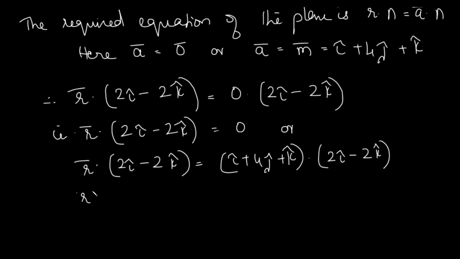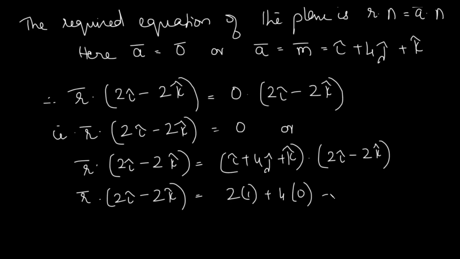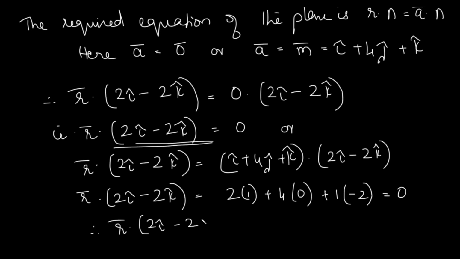So in this case it is going to come as, now 2 into 1, that is 2, when we solve the dot product of two vectors, 4 into 0, so 2 into 1 plus 4 into 0 plus 1 into minus 2, which comes out as 0. That means, as you can see, we get the same answer that we got above. The same answer is coming over here also. So therefore r dot (2i minus 2k) is equal to 0.